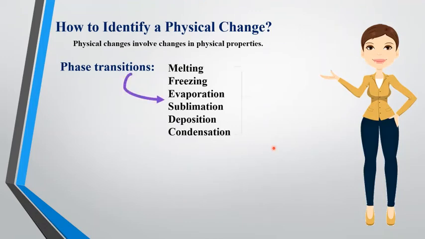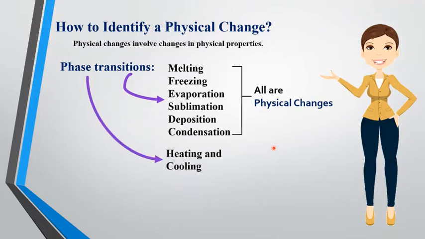These are what we consider physical changes. The melting, freezing, evaporation or boiling, sublimation, deposition, and condensation. This was discussed with you when you were in 7th grade, right? And always remember that this is influenced and affected by heating and cooling. This is helped by changing the temperature of the substance or the matter.